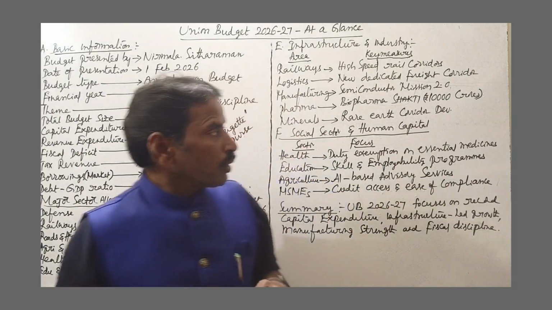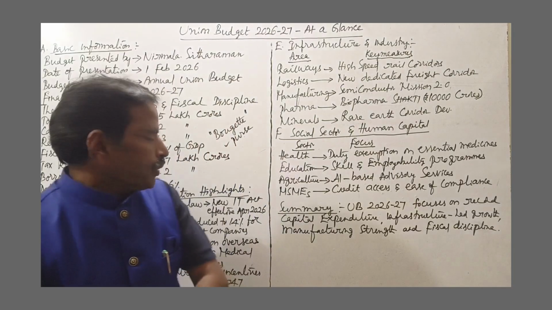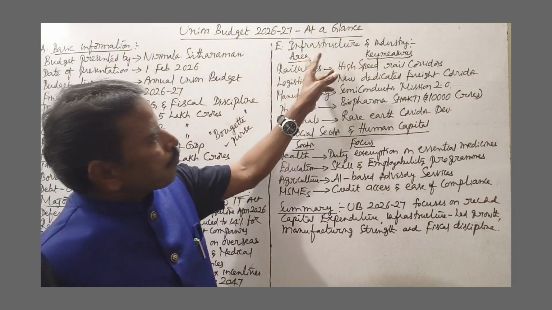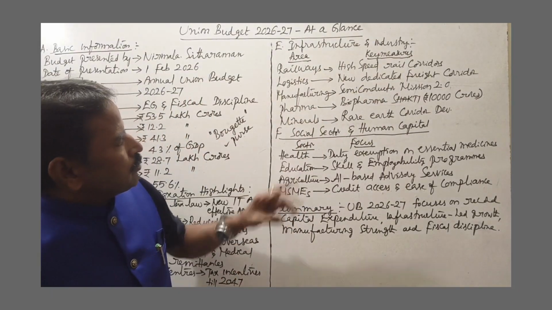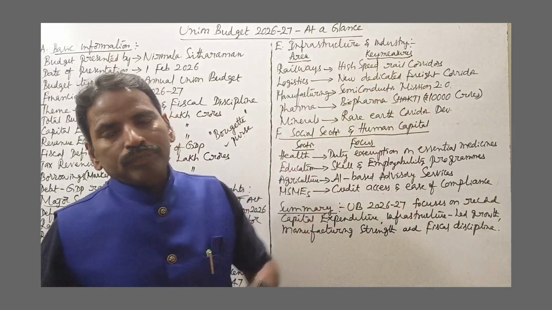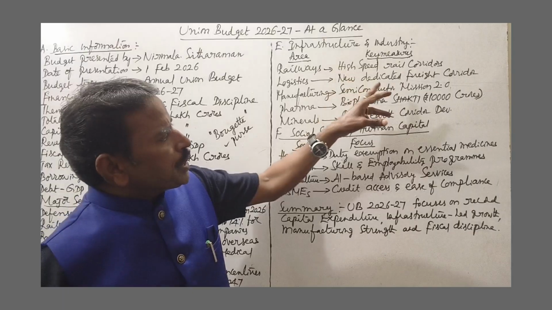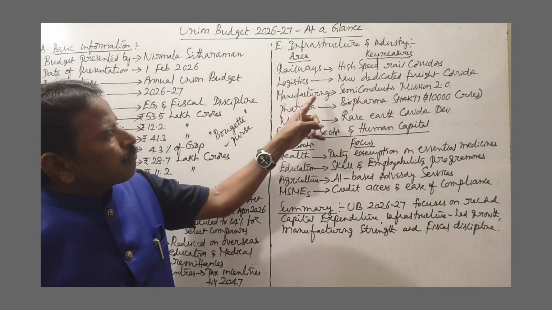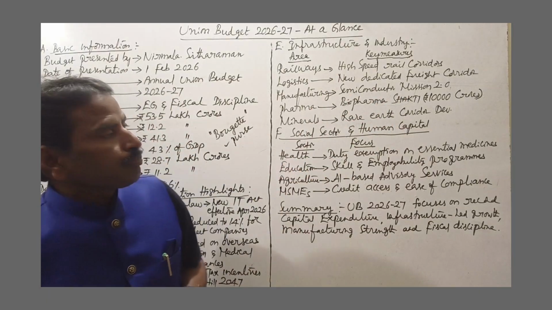Next, infrastructure and industry. Area and key measures. Railways: high speed rail corridors. Logistics: new dedicated freight corridor. Manufacturing: semiconductor mission 2.0.